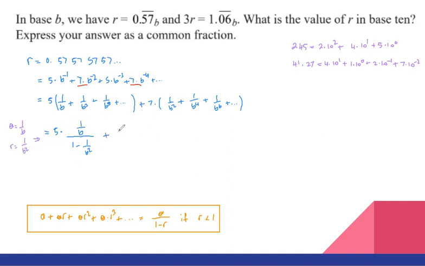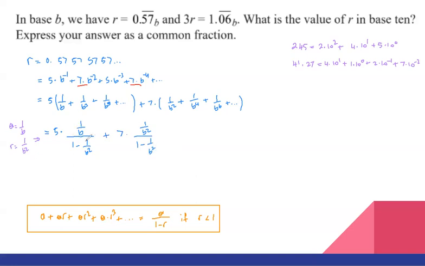If I do the same thing with the second part, that is 7 times. Again, in this case, 1 over b squared is our first term. If you multiply this by 1 over b squared, you get 1 over b to the fourth, and if you multiply that by 1 over b squared, you get the next term, which means the common ratio is 1 over b squared as well. So our first term is 1 over b squared over 1 minus the common ratio, which is also 1 over b squared.